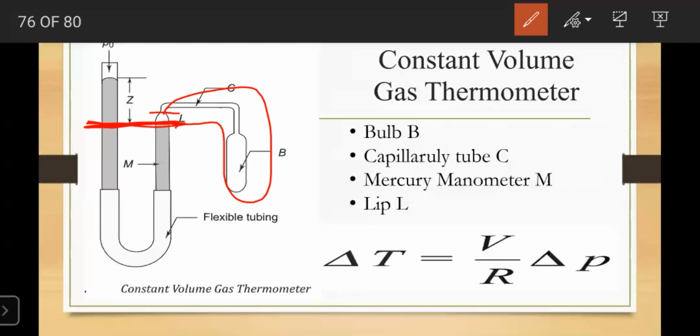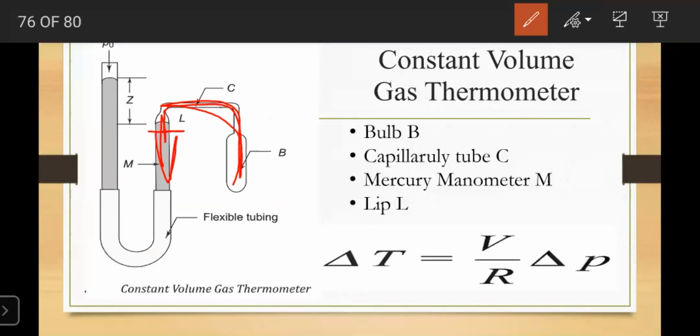After connecting, due to the pressure in the bulb, it pushes the mercury in this direction, and in the other limb the mercury rises. Mercury will go down here and go up there. But here we need to adjust this flexible U-tube manometer so that the mercury comes back to the initial level.